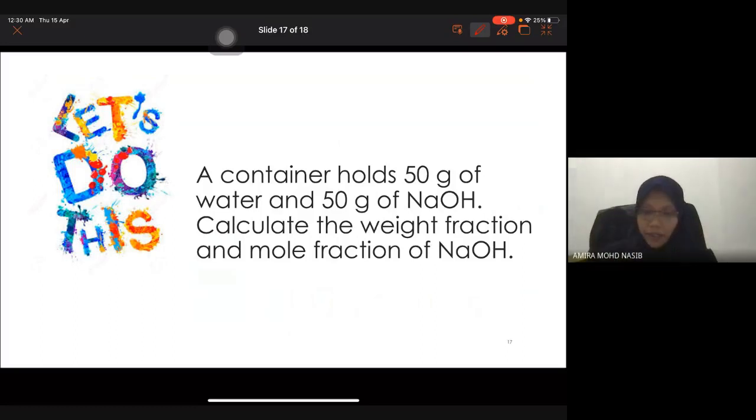Okay, I think this one you can try on your own, because I have explained in the previous slide. You can try it simply with just weight fraction and mole fraction. The x_A and x_B I just explained.